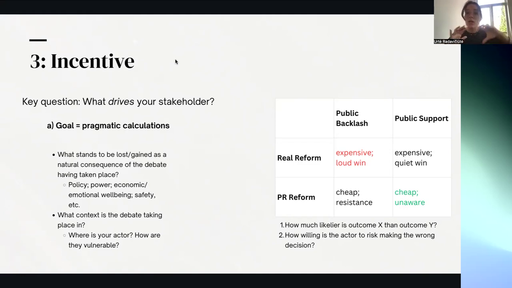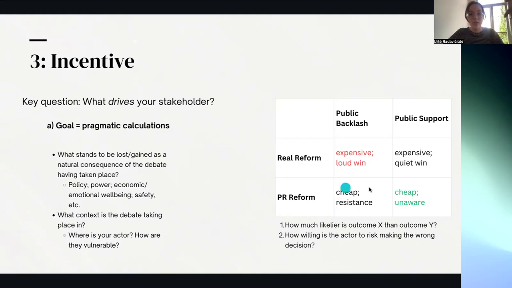And then that would either cause them to risk and attempt to only do PR reforms in order to save money. But if you think that the public is really, really likely to monitor their behaviors, then they might not be able to do it. And the second thing is how willing is the actor, the stakeholder, to risk making the wrong decision.